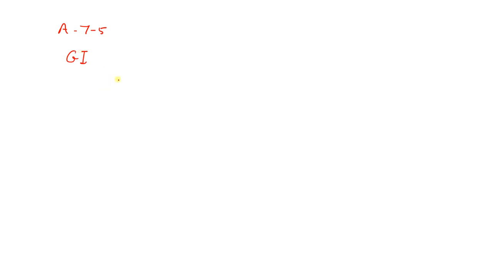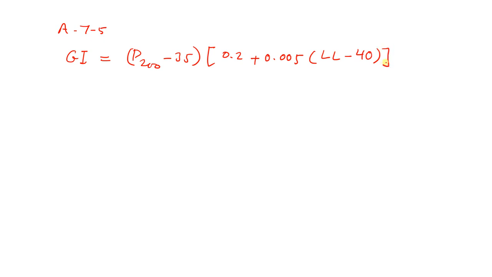Now we have to calculate the group index. So if you remember the formula for group index, it is P200 minus 35. See from your notes, 0.2 plus 0.005 liquid limit minus 40, plus 0.01 passing 200 minus 15 times plasticity index minus 10.